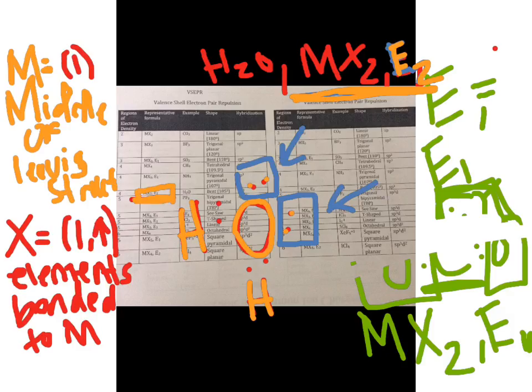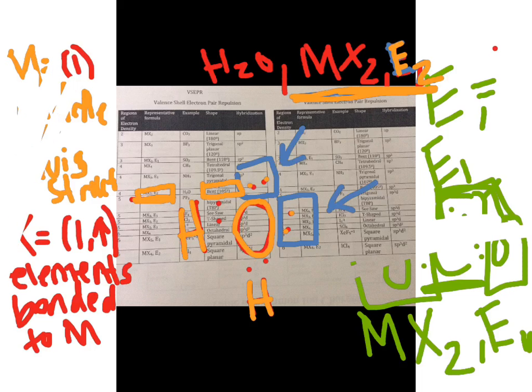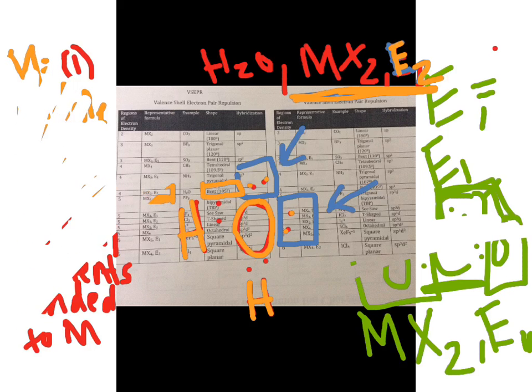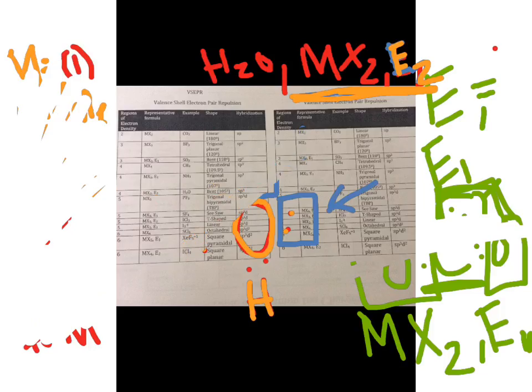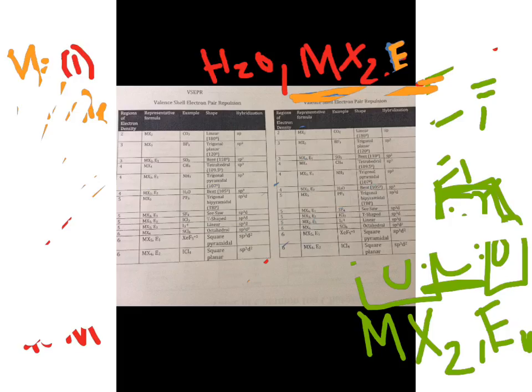Then you go across and you say, oh, it's bent, 105 degrees. Then you write that down as your geometric description of shape. Alright, let's try another one. So hopefully you understand that better. I tried to explain it to you with a certain element.